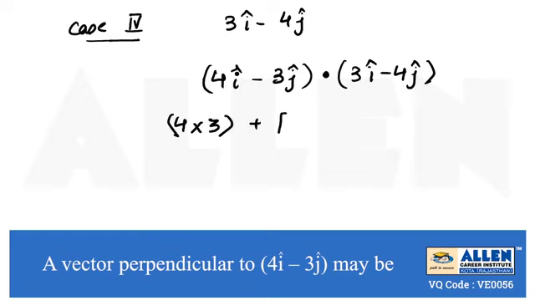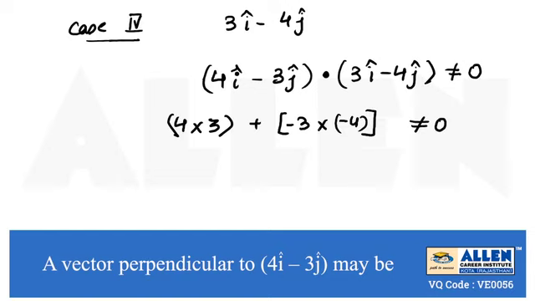The coefficient of j cap is minus 3 and in the other bracket it is minus 4. Now we can see there is no coefficient of k cap in both brackets, so we skip that part, and the value won't be equal to 0, which means these vectors are not perpendicular to each other.